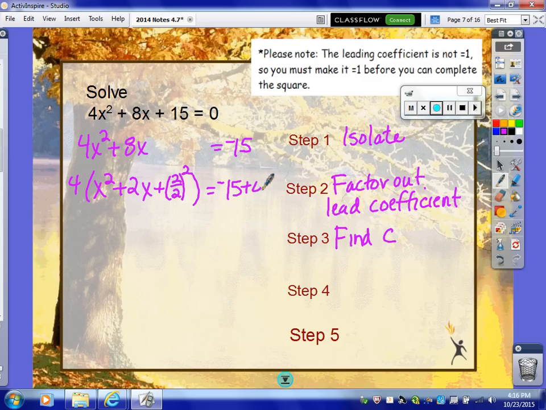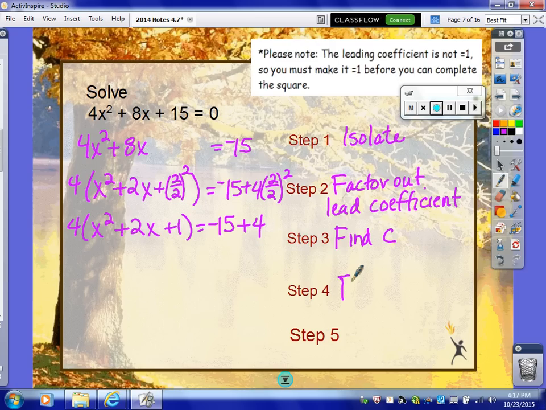So over here on the right-hand side, it's going to be 4 times my c. So be careful. That's another mistake that people make. They just want to add that 1 to both sides. But if you factor something out, you have to take into account how much you added to keep the equation balanced. All right, let's clean up. x squared plus 2x plus 1 squared, which is 1, equals negative 15 plus 4.